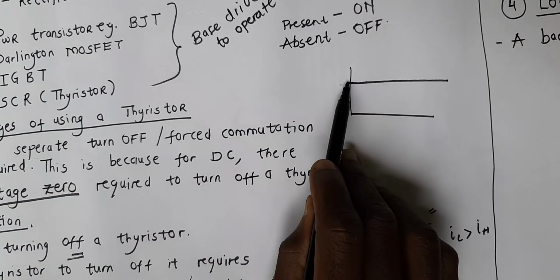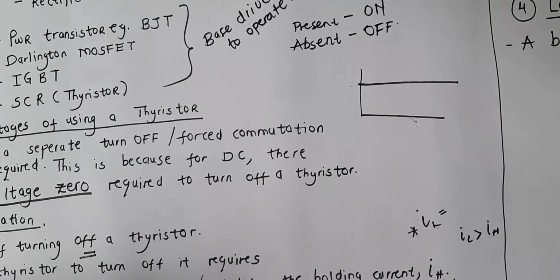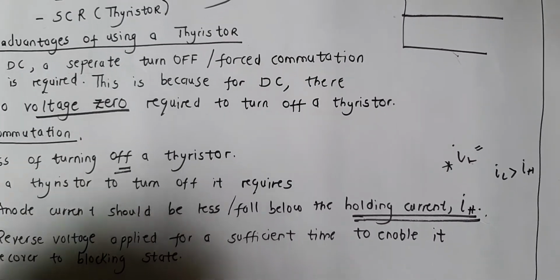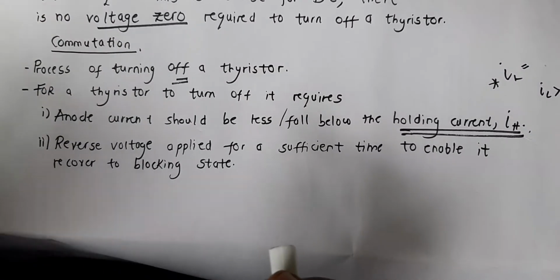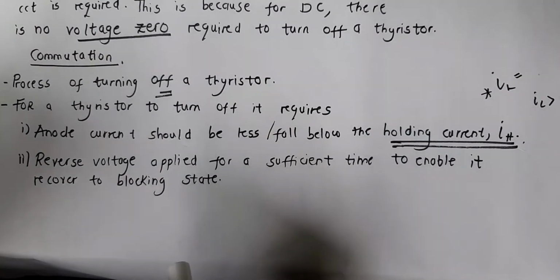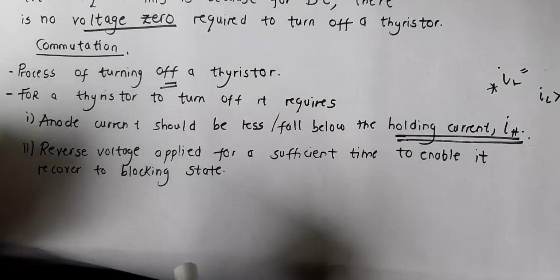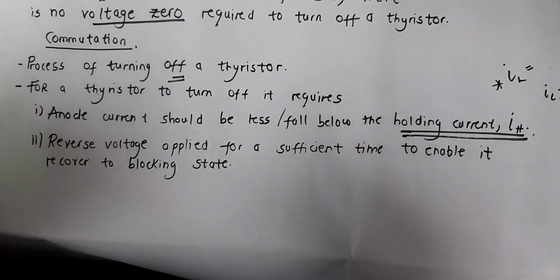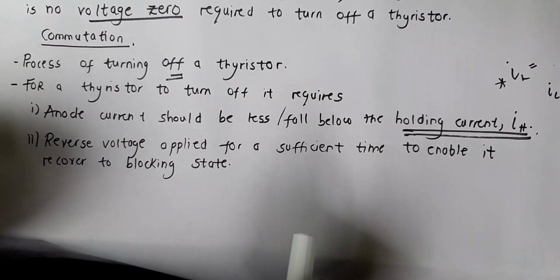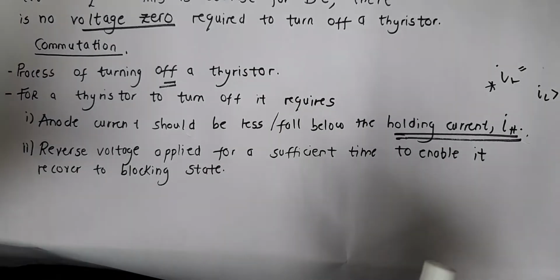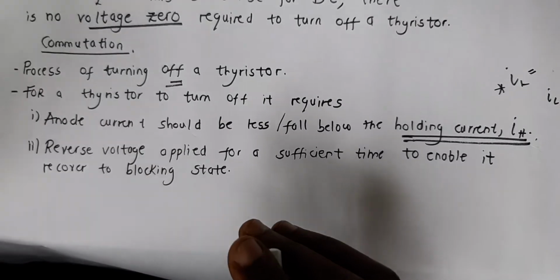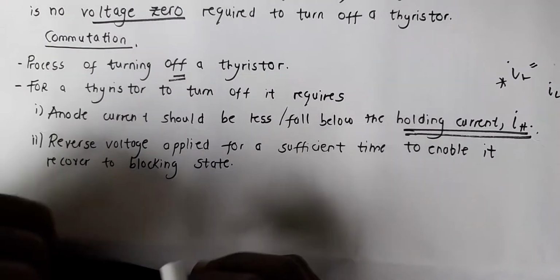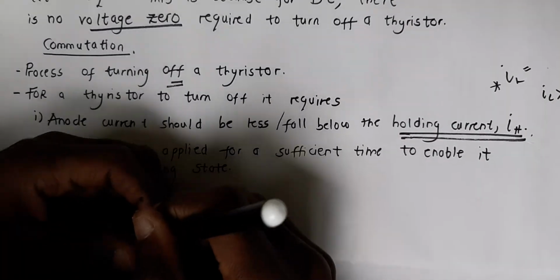Since this DC voltage does not fall towards zero, you are not able to turn off the thyristor just like that. So in this case, we're going to need a separate commutation circuit. However, this thyristor is what is recommended for high power applications. For any low power applications, we usually do not recommend the use of thyristor, but it is much recommended for high power applications.